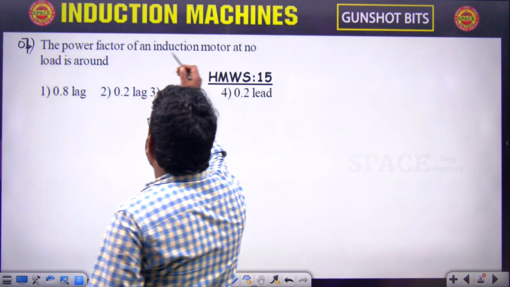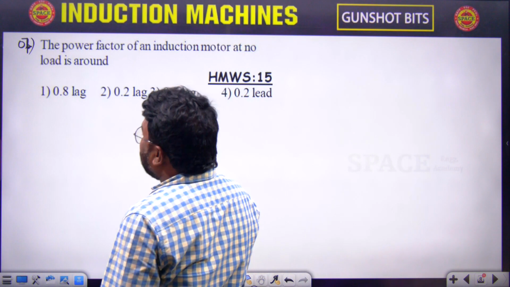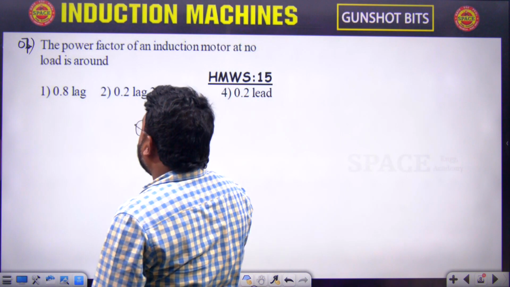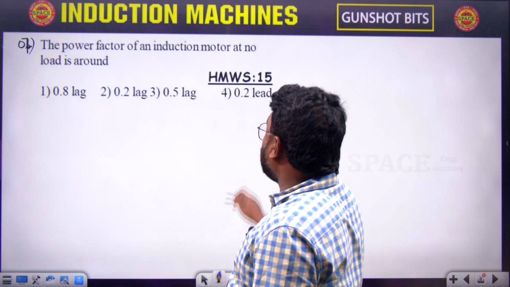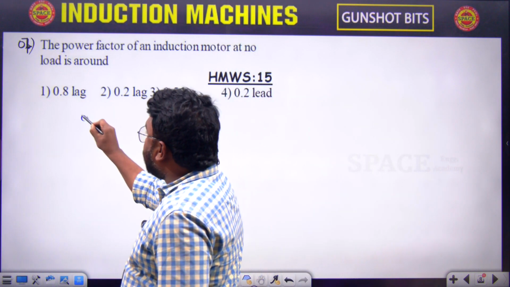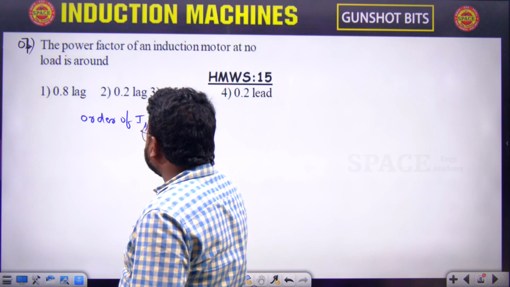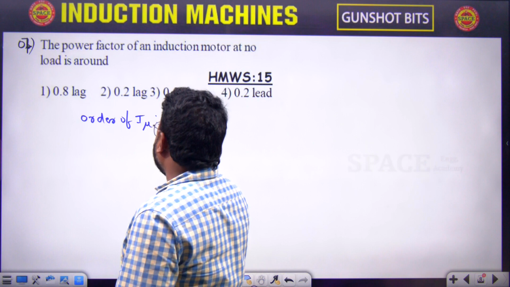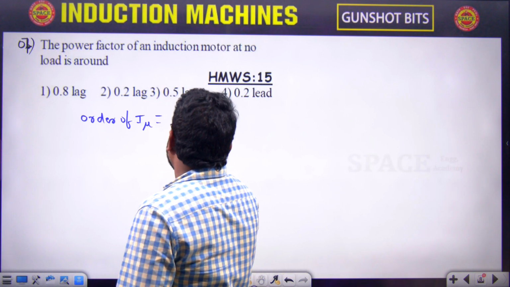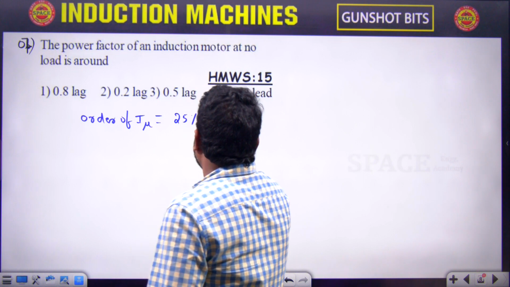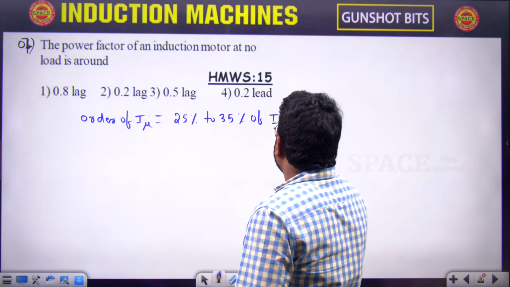The power factor of an induction motor at no load is around: 0.18 lag, 0.2 lag, 0.5 lag, or 0.2 lag. The magnetizing current in the induction motor is equal to 25% to 35% of the rated current of the motor.